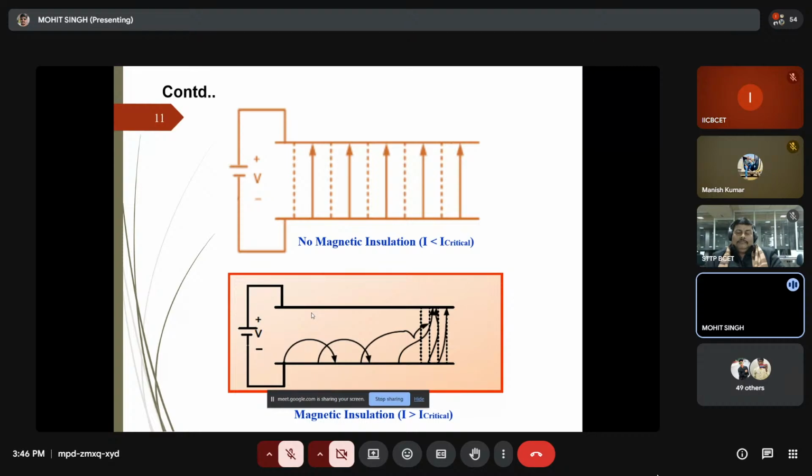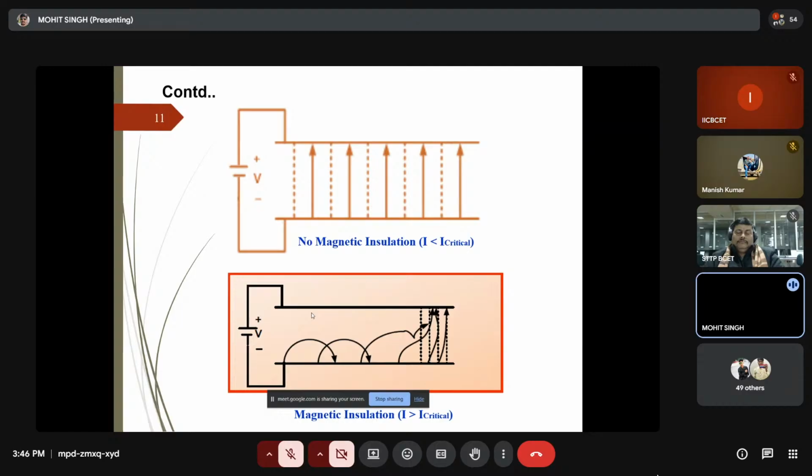Now these electrons are exciting the fundamental mode inside the structure. And that fundamental wave, whatever is generated, has some phase velocity.